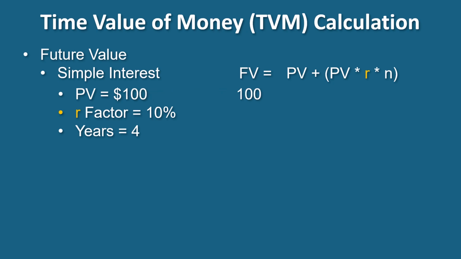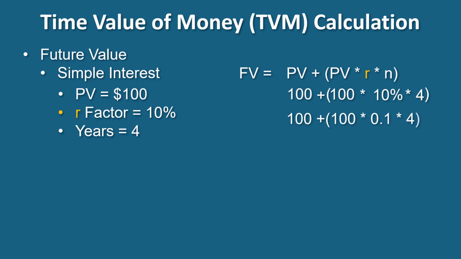Now, let's put the data into the simple interest formula. Present value equals $100, then $100 multiplied by R factor, 10%, multiplied by 4 years. First, convert the percentage to a number. 10% equals 0.10. Then 100 multiplied by 0.10 equals 10. 10 multiplied by 4 years equals 40.